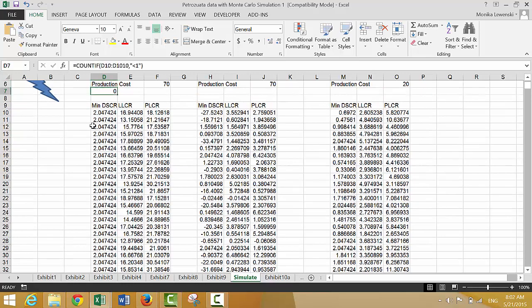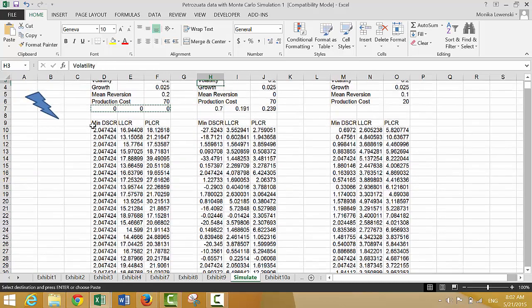And then if we want the probability of that, we divide that by 1,000. Okay, so if we have this one, we have 0 probability. When we have this one, we have a 70% probability.